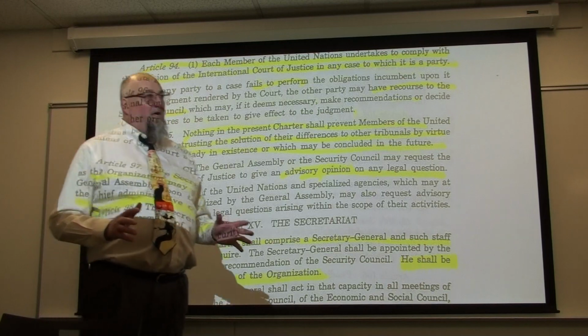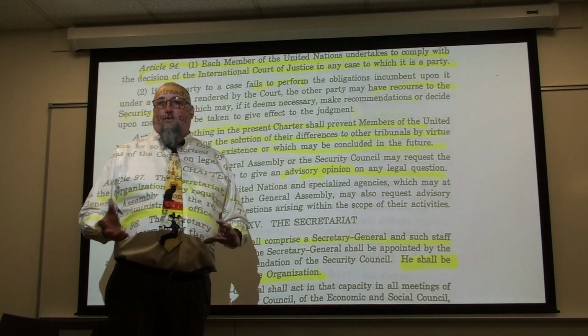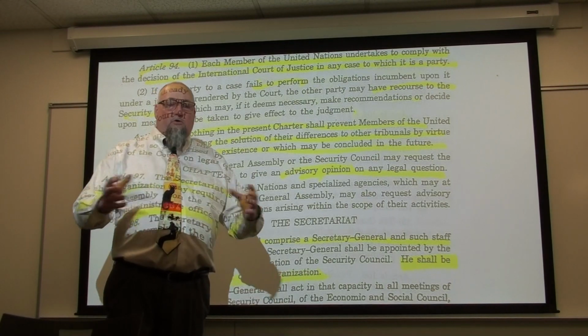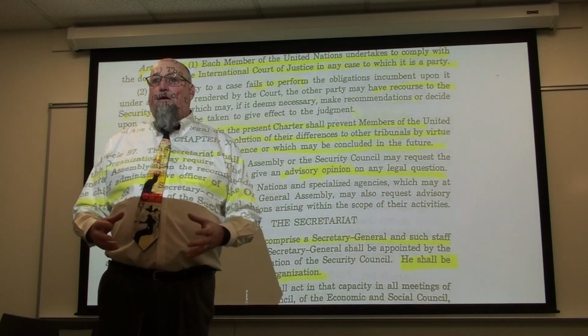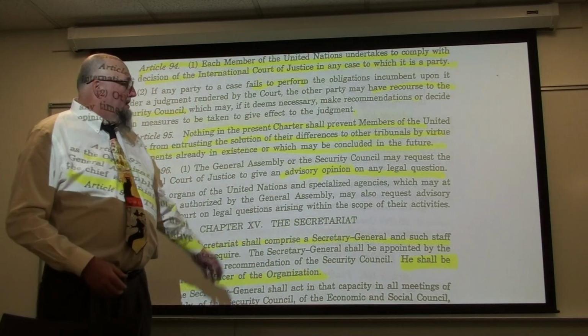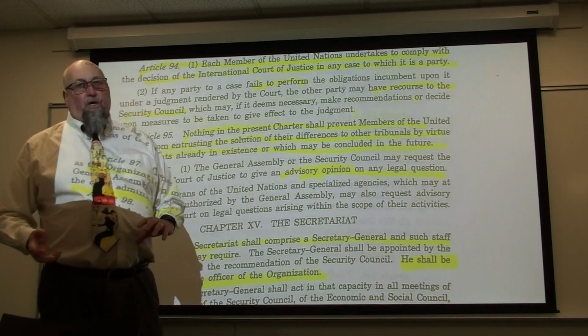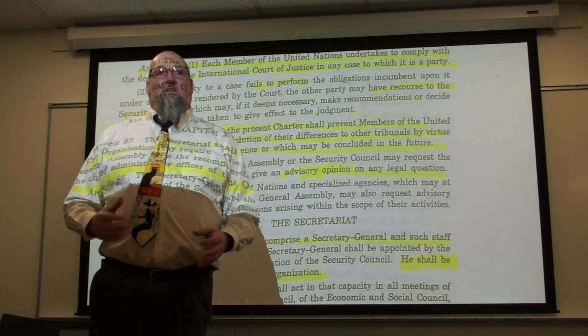One type of case is what's called a contentious case, and that's when states or a group of states have an actual dispute between or among them. So there's an actual dispute involved.